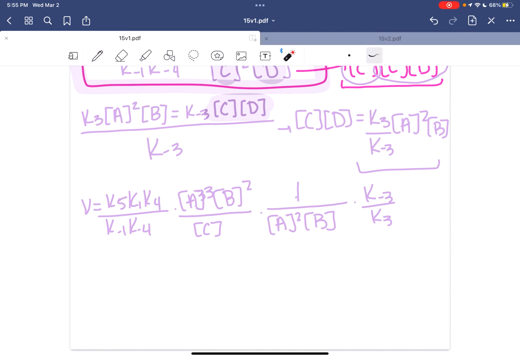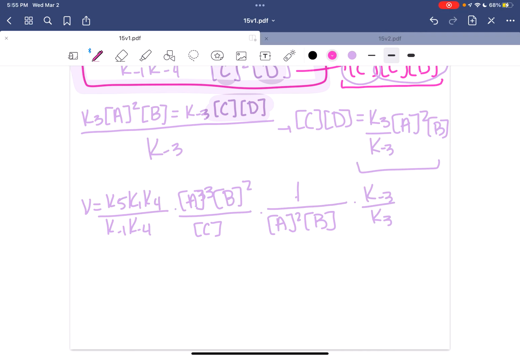So we have a few concentrations of A on the top and the bottom, as well as concentrations of B on the top and the bottom. So we're going to try and cancel things out as best as we can. And I'll just do that in another color so we're not getting too confused. So we're going to start with A. So we have 3 A's on the top and 2 A's on the bottom.